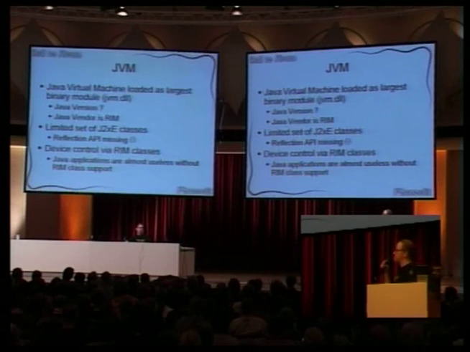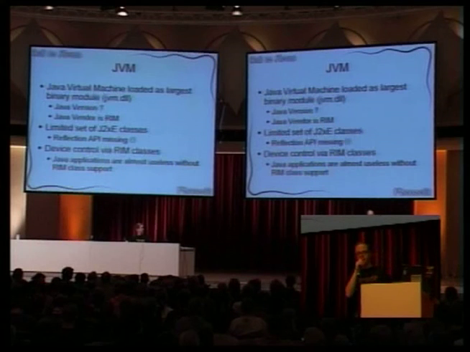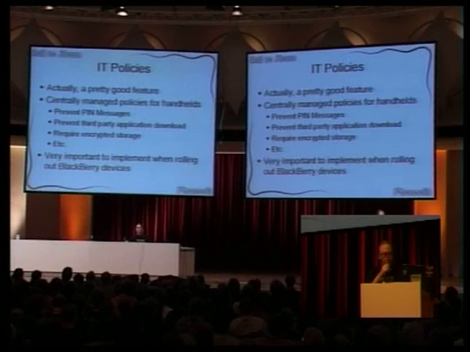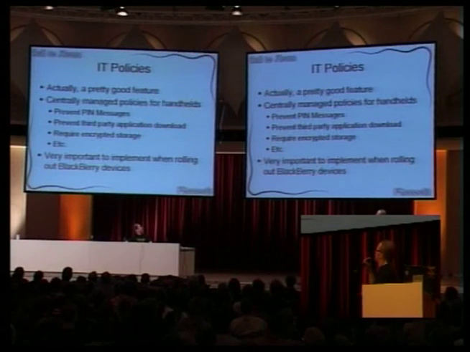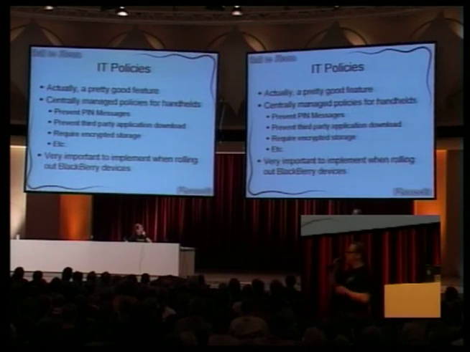Device control is via RIM classes, and to use the RIM classes, you need to have signed code. Now, this code signing is really interesting, but in between, there is another thing. This slide order sucks. But anyway, you have IT policies.